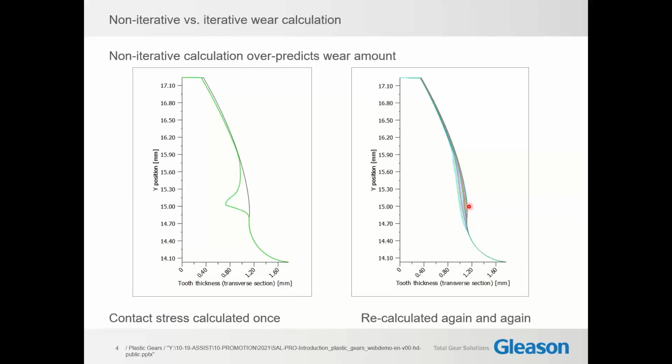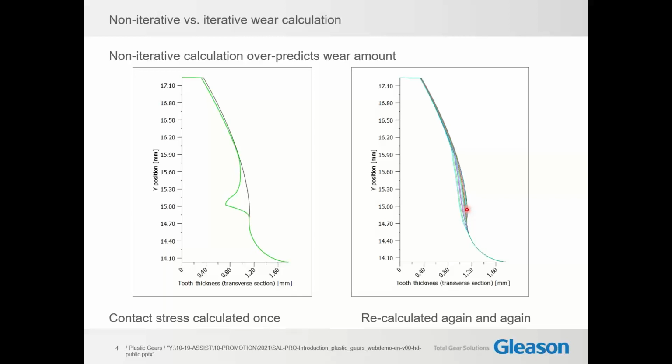We calculate a new gear geometry after, for example, 10 microns of wear, and then recalculate the contact pressure distribution, now considering that the flank is not of the original shape anymore. And since down here, material has been removed, in the next calculation, the contact pressure down here will also be reduced because we have like root relief applied.